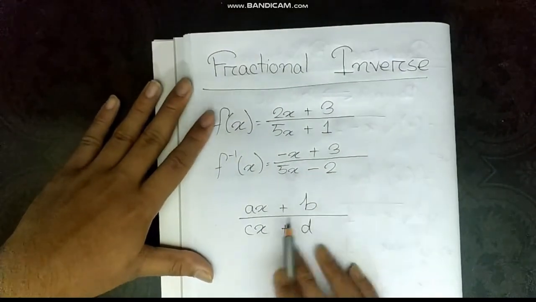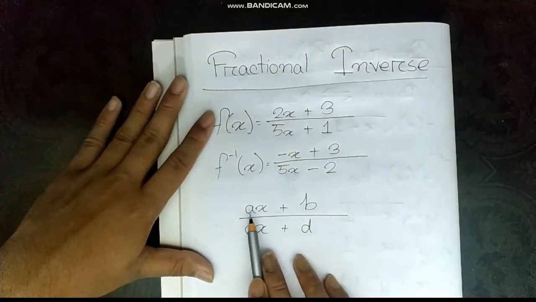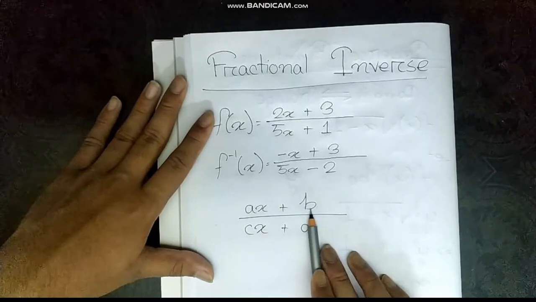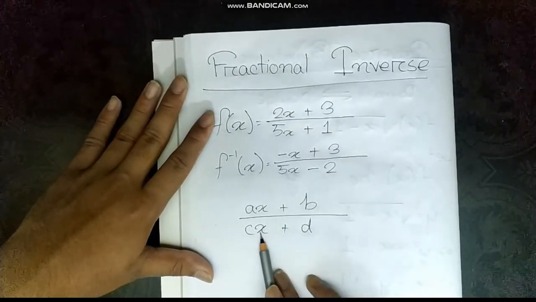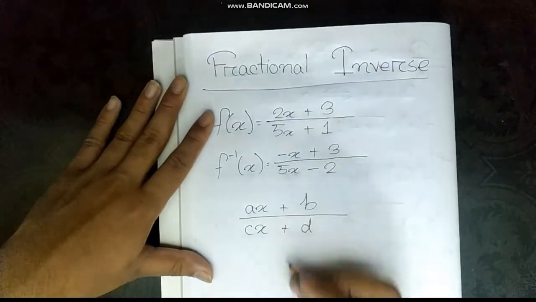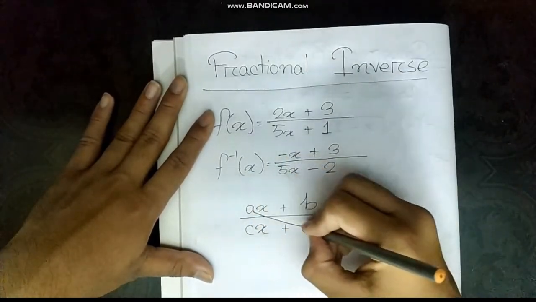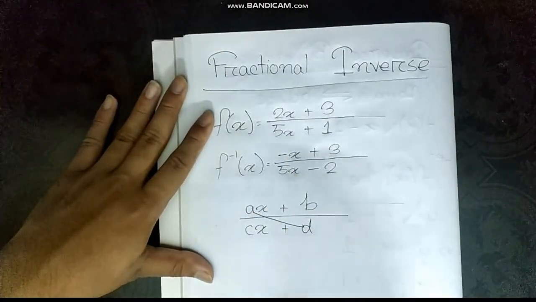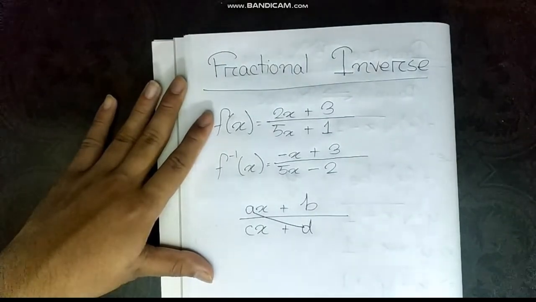If you see any fraction, where the x coefficient is a, plus any integer, then the x coefficient is c, plus any integer, you exchange a and d to their additive inverses.